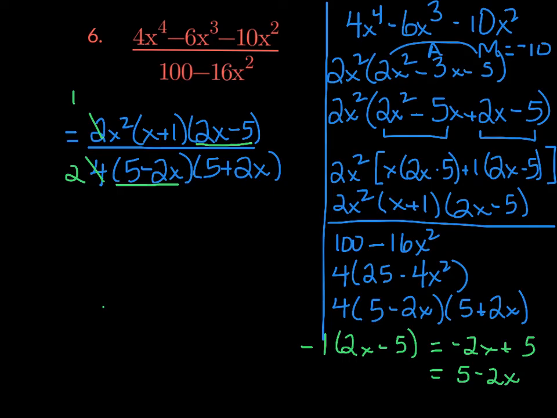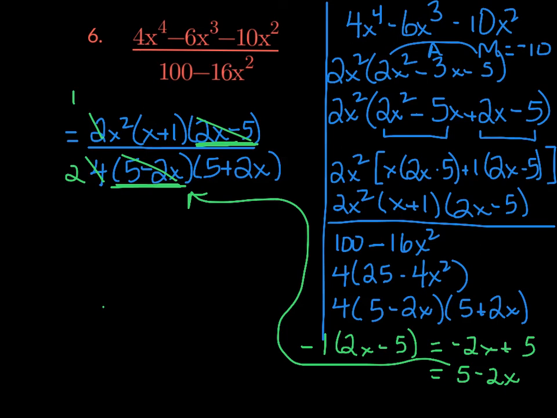So what we can do, as a shortcut method, is if we see that we have two factors, like this 2x minus 5 right here and this 5 minus 2x, if they're complete opposites of each other, we can cancel them out as long as we multiply one of the factors by a negative 1.